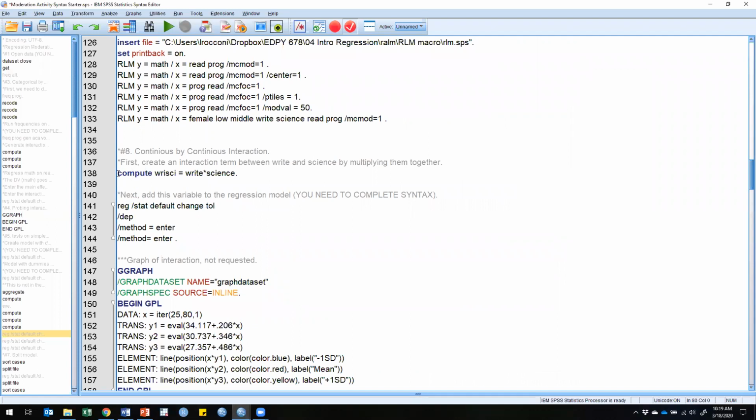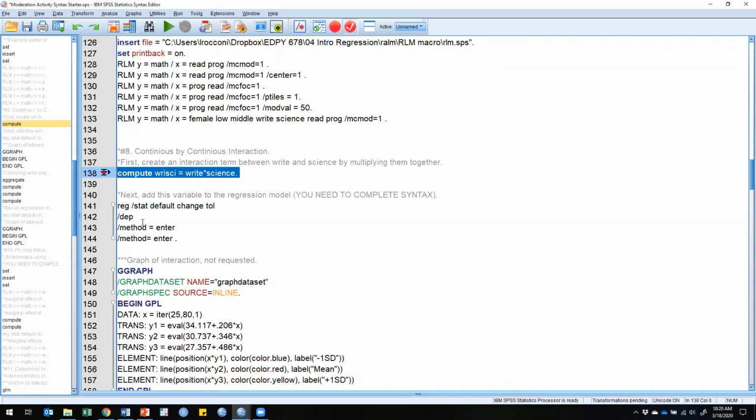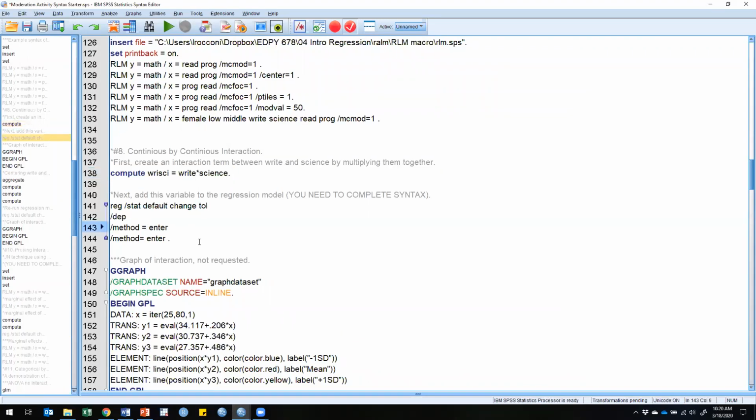So, number 8, continuous by continuous interaction. We want to create an interaction term between writing and science. And then we're going to enter these variables into the regression model. So our dependent variable is math again.